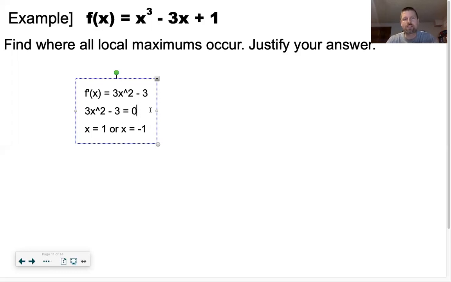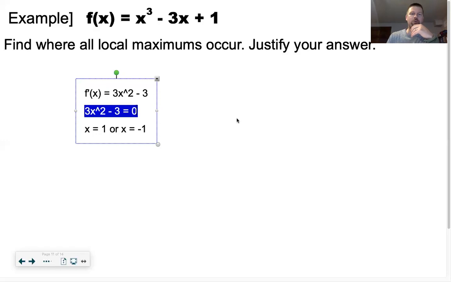If you want to do the steps to show how you get your answers after that, more power to you. If you can do it in your head, I don't care, but write that step. That's important. Then yes, you want to get x by itself. You add the 3 to both sides, divide by 3, you get x squared equals 1, which yes, x equals 1 or -1 are my critical points. Just make sure you have this step in there. That's really important.